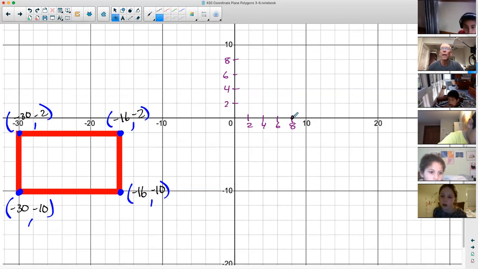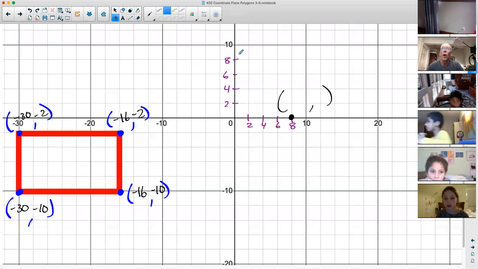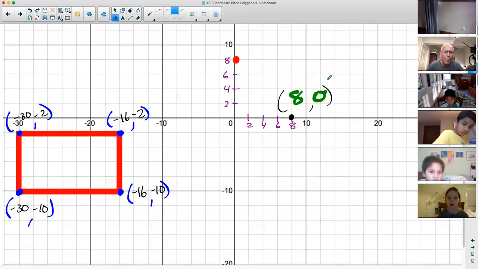Well, that point right there, what would be the first coordinate of that point? 0, 8 maybe? Well, 0, 8, sweetheart, is right there. Oh, that would be 8, 0. Yes, Gabby, you are beautiful and brilliant. That is exactly right. This point is 8, 0 because we always start with the horizontal.